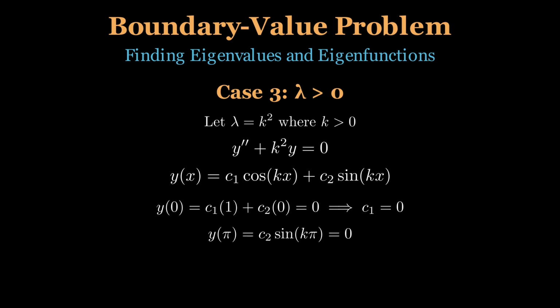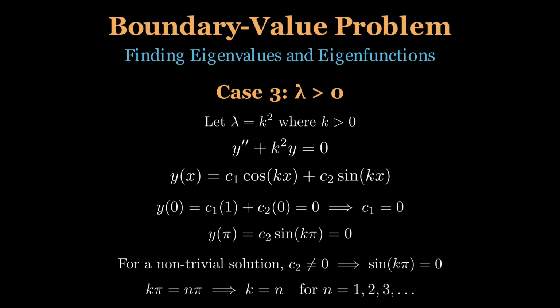Therefore, sine of kπ must be exactly 0. The sine function is 0 at integer multiples of π, which means kπ = nπ, simplifying to k = n.